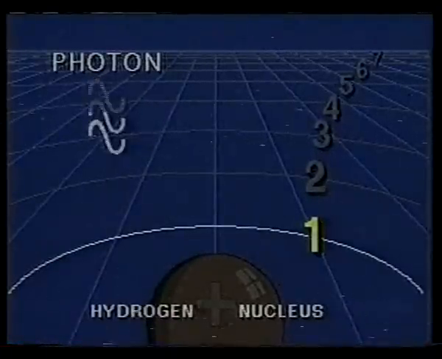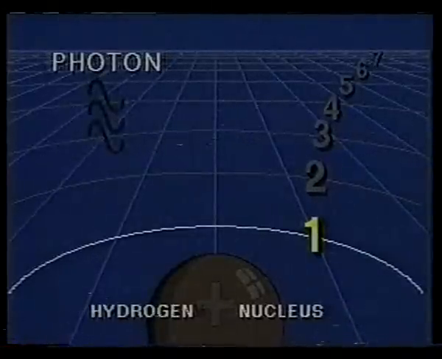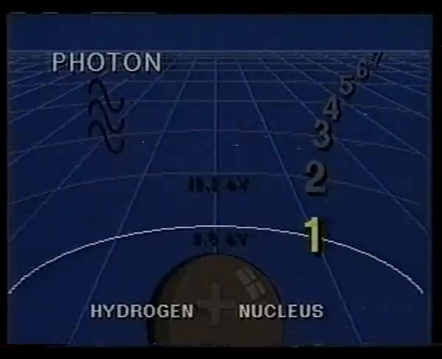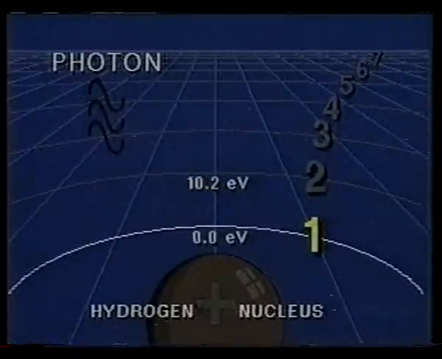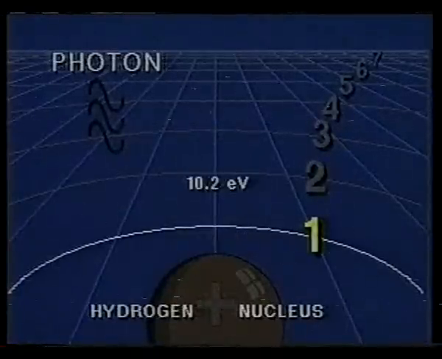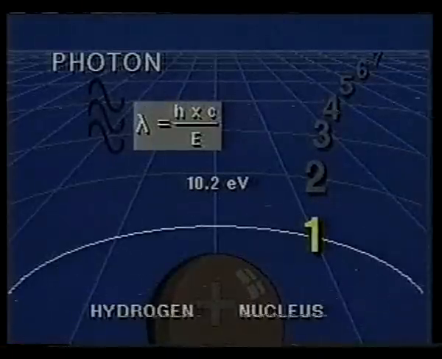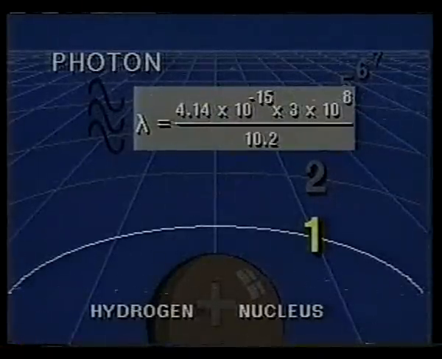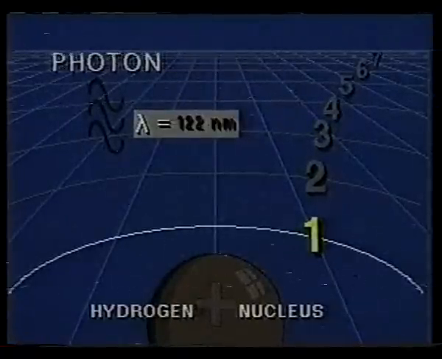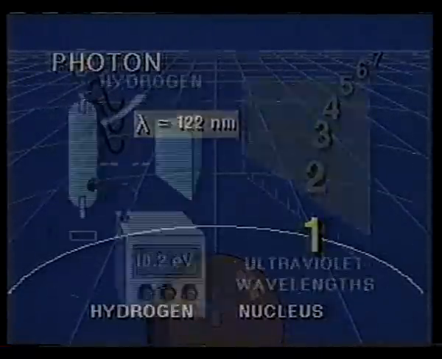In so doing, it would radiate all the energy it had gained, the difference between the energy levels of the two orbits, exactly 10.2 electron volts. Using Planck's constant, the wavelength of this photon can be calculated exactly. This frequency is in the ultraviolet region of the spectrum.